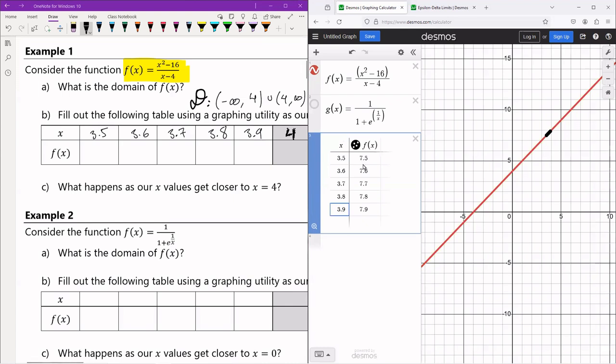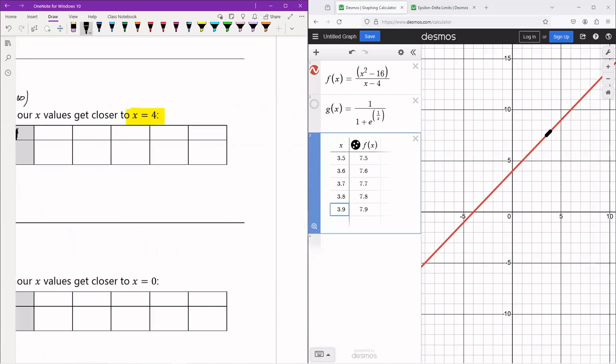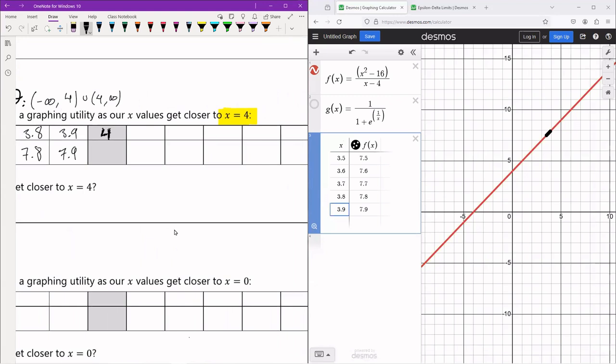And here's my table. The f of x value for 3.5 is 7.5, right? And it goes 7.6, 7.7, 7.8, and 7.9, okay? Cool. Let's do it from the other end. I'm going to go 4.1, 4.2, 4.3, 4.4, and then 4.5, okay?